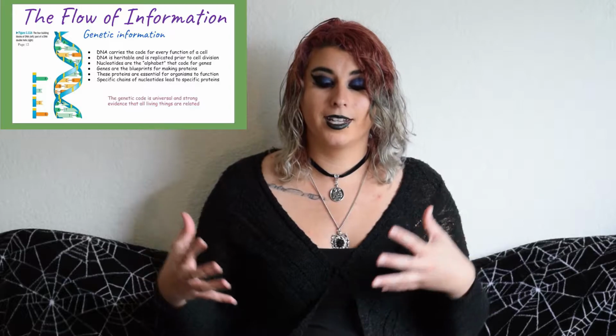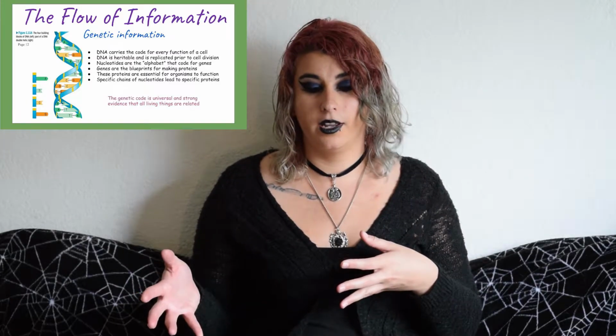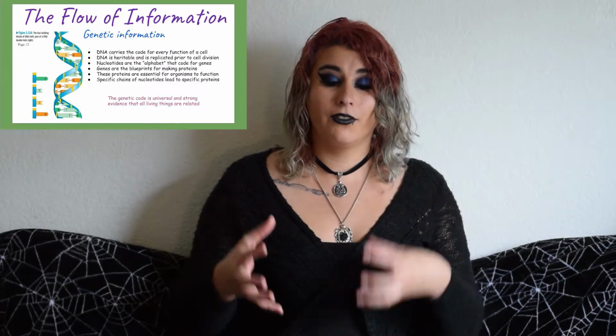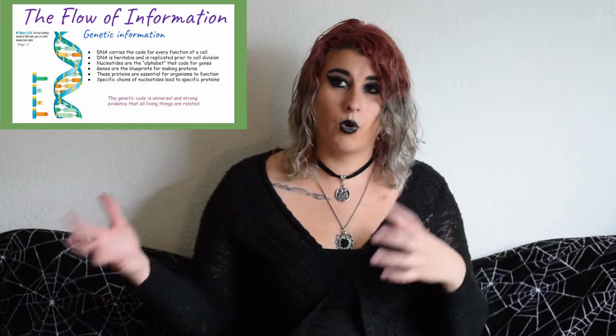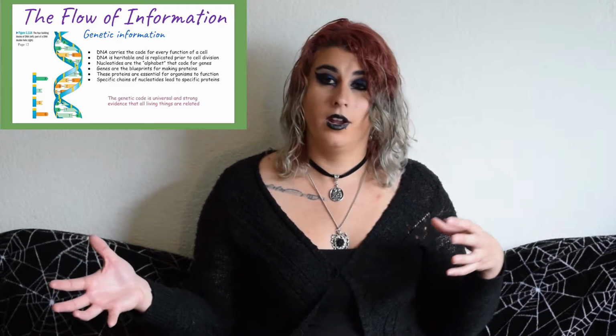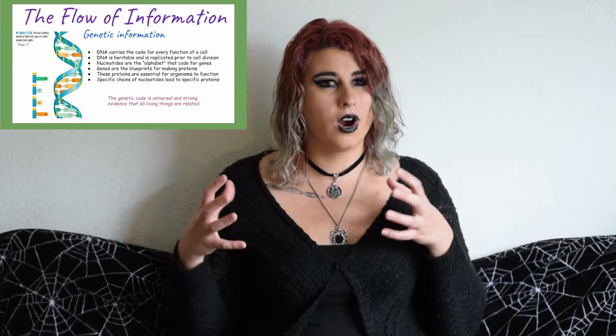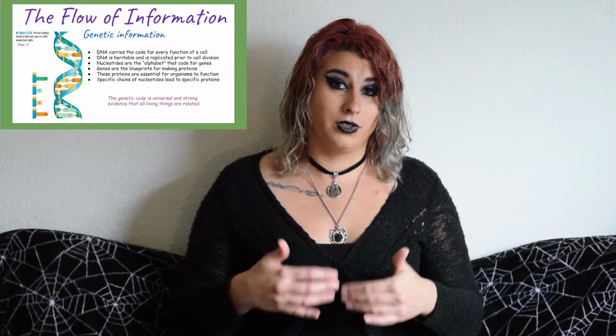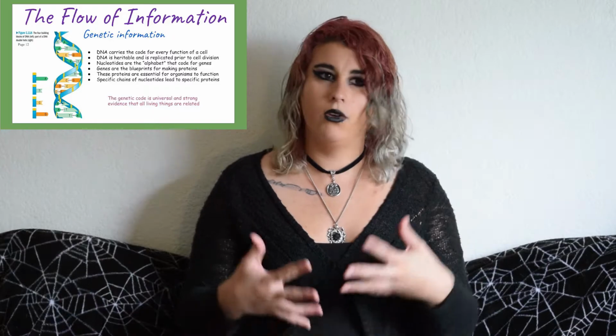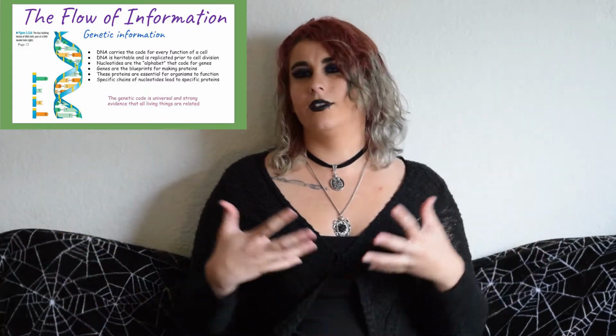These proteins that genes code for are essential for an organism to function, and specific chains of these nucleotides lead to specific proteins. Now, there's only 4 of them, and they can code for so many different things, but that's not that hard to think about when you consider that, at least in the alphabet that we're using here, there are only 26 letters that essentially code for so many different words.